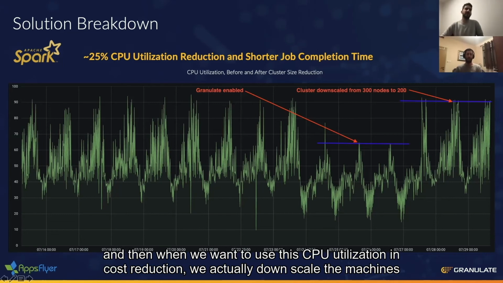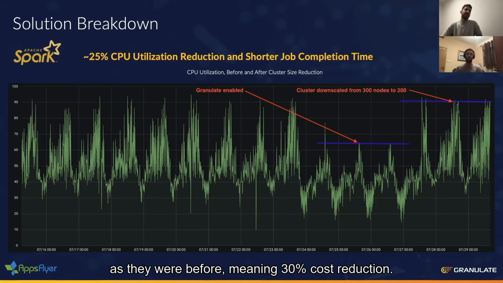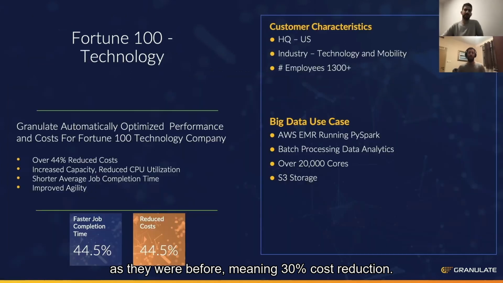And then when we want to use this CPU utilization in cost reduction, we actually downscale the machines to 200 nodes instead of 300, which means downscaling a third, and the results of the CPU return to be the same as they were before, meaning 30% cost reduction.